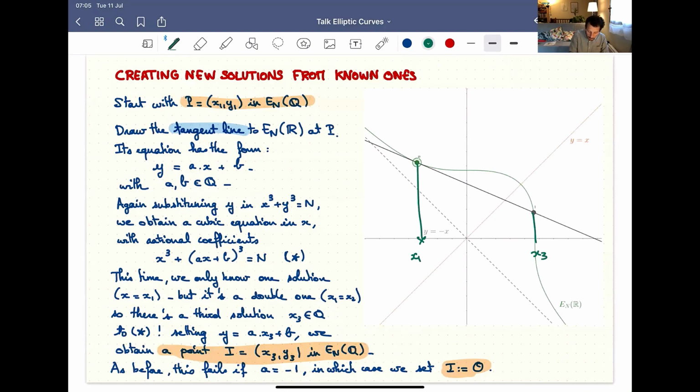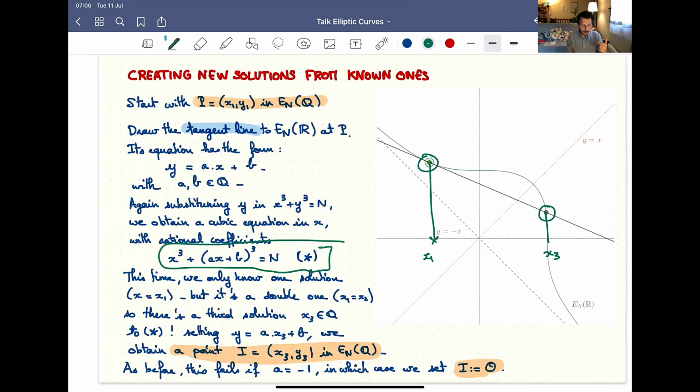of the points which are both on the line and on the curve. Then we write down this equation here, x cubed plus ax plus b cubed equals n. And this is the equation describing the x coordinates of points which are both on the curve and on the line, on the green curve and the gray line.